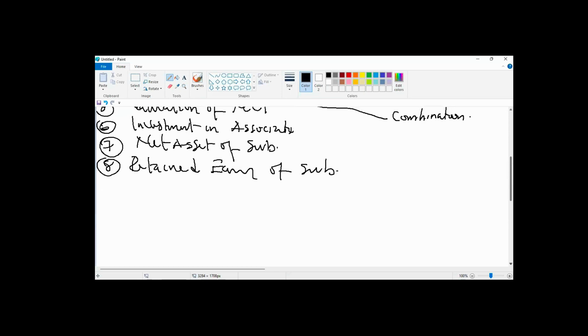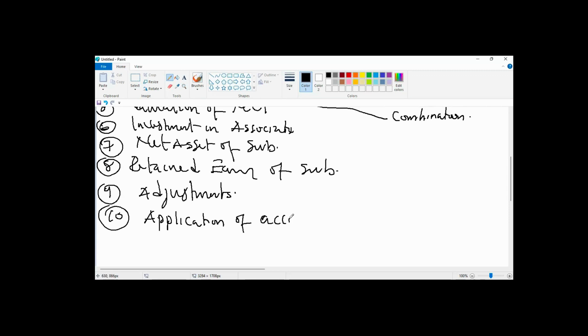All those adjustments, we'll be using questions to demonstrate how they are being applied. Adjustments to group accounts. Then the last one, application of accounting standards.